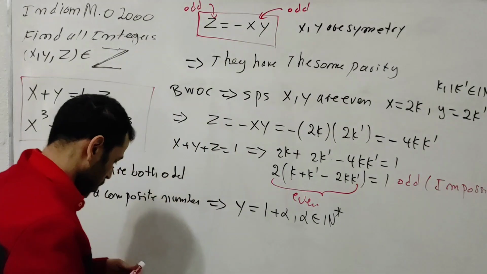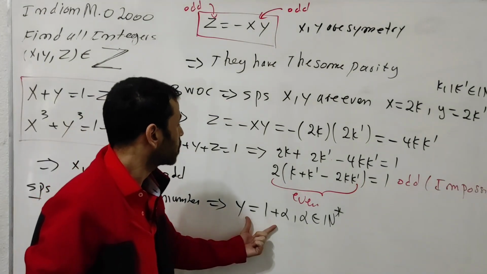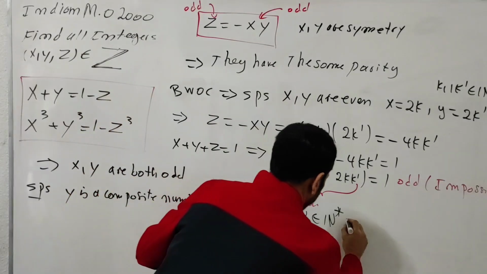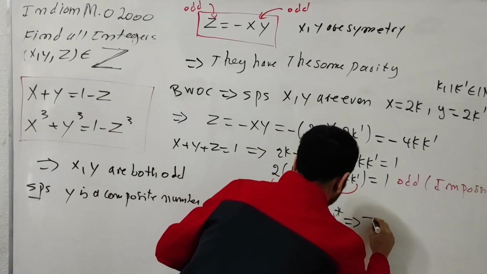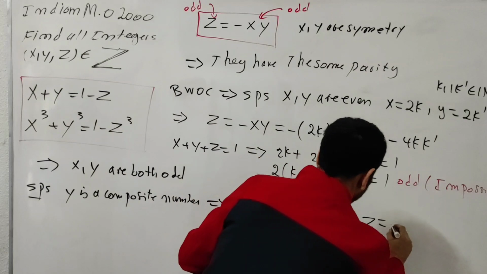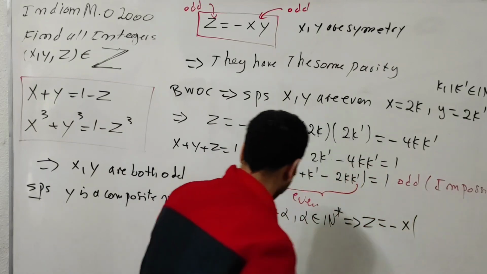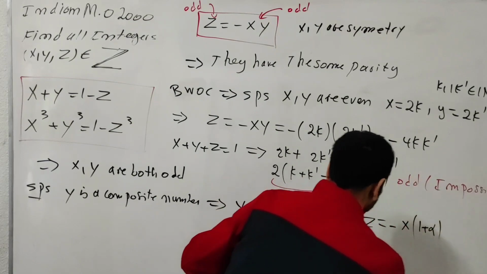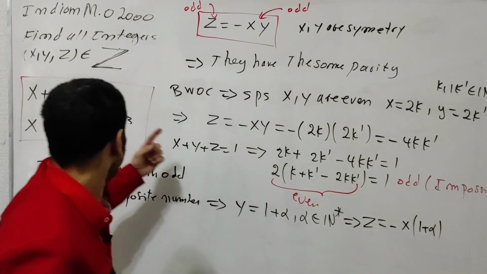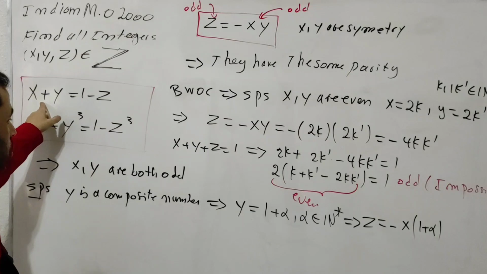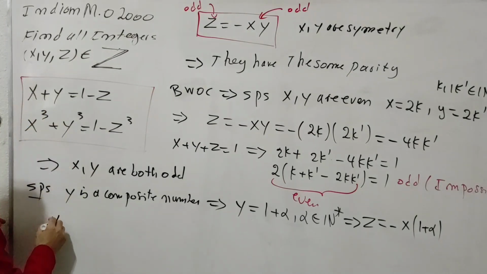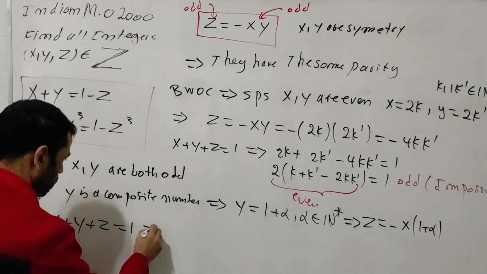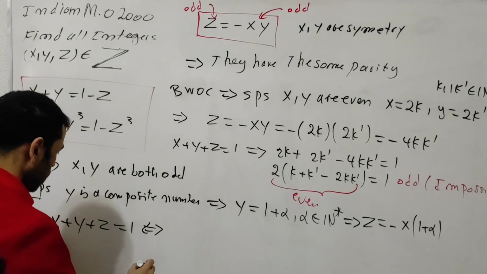So I'm going to replace this fact into the original equation. This implies z equals minus x multiplied by y, where y will be replaced with 1 plus alpha. I'm going to take this and insert it into the equation x plus y plus z equals 1.